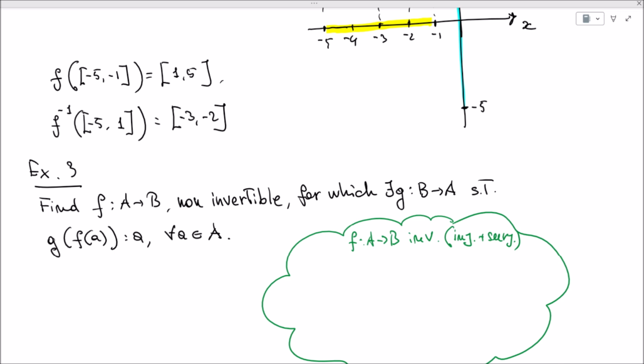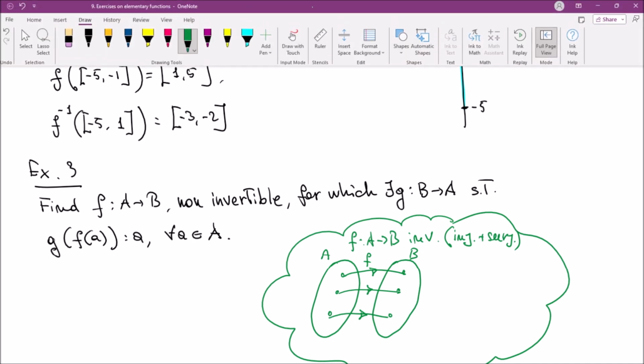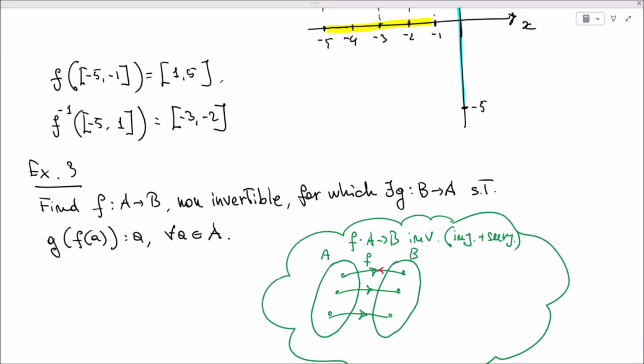So moving from A to B, an invertible function looks like something like this. So this is f, and of course the inverse would be simply that. So this would be g, the inverse function.